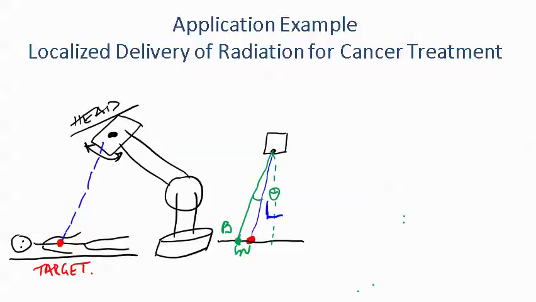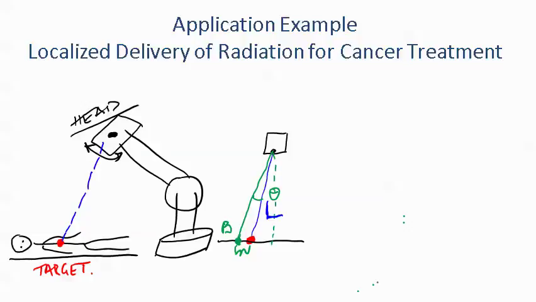So now we have these two sides of a triangle. We have the included angle, and we are interested in finding the length of the opposite side. Because this angle theta is usually small, there is an assumption we can make that this represents a right angle triangle.